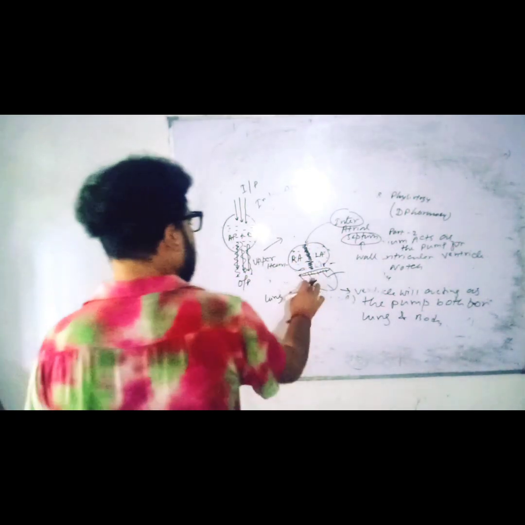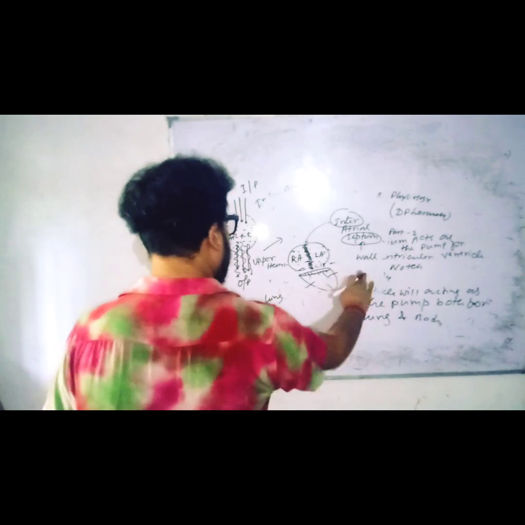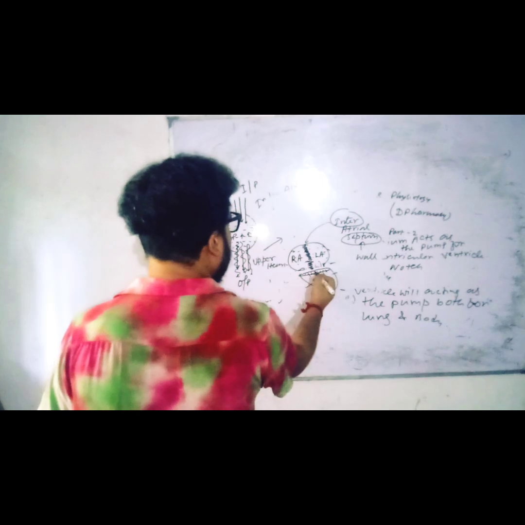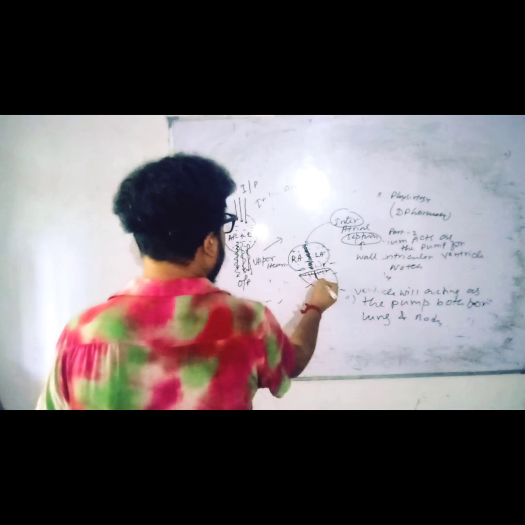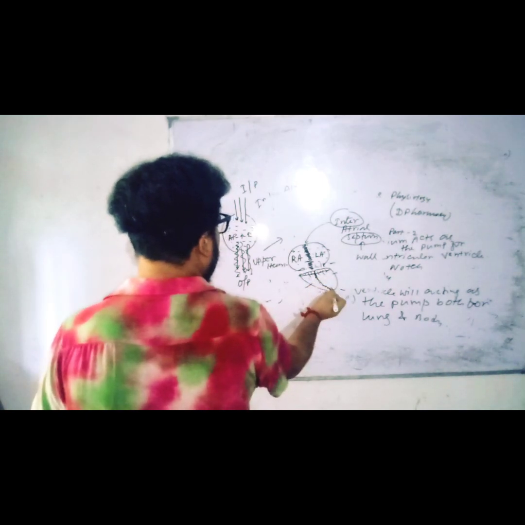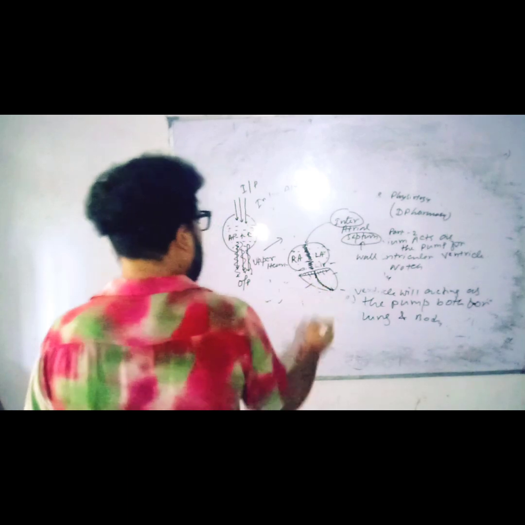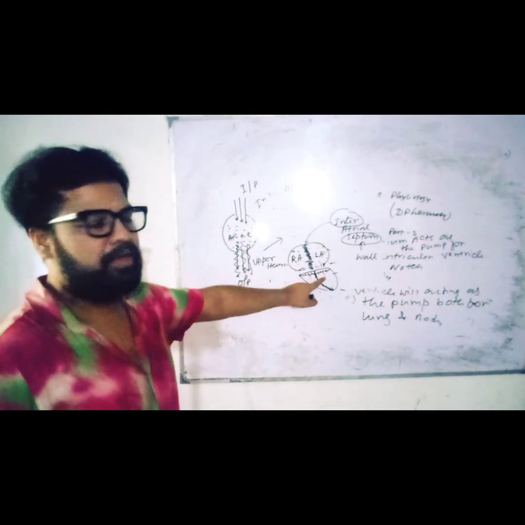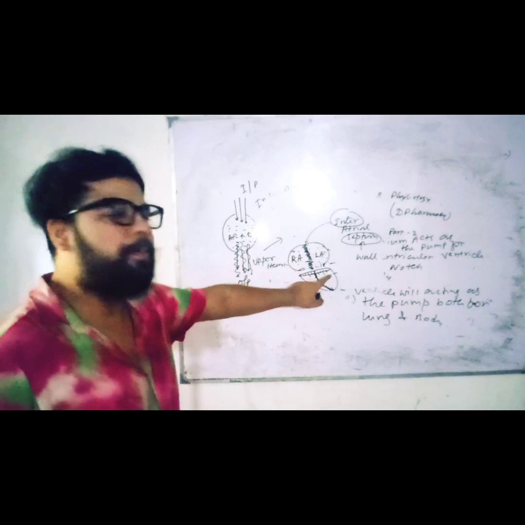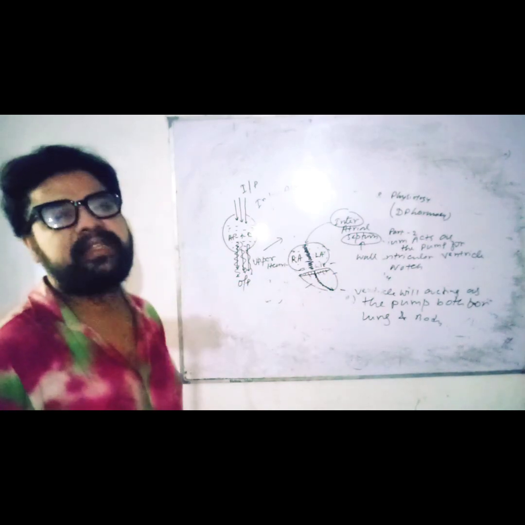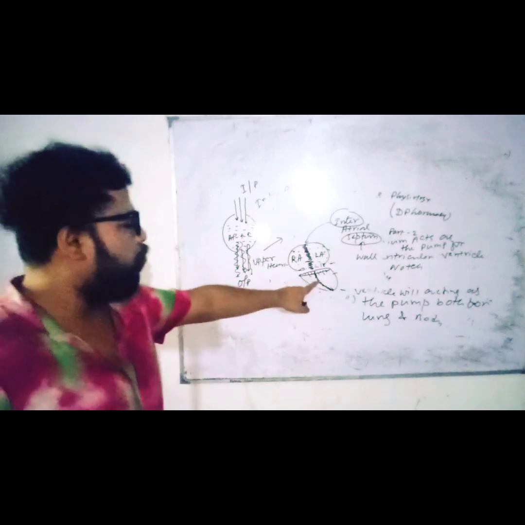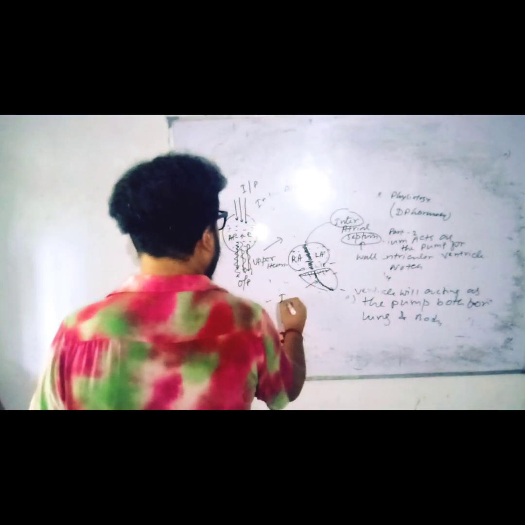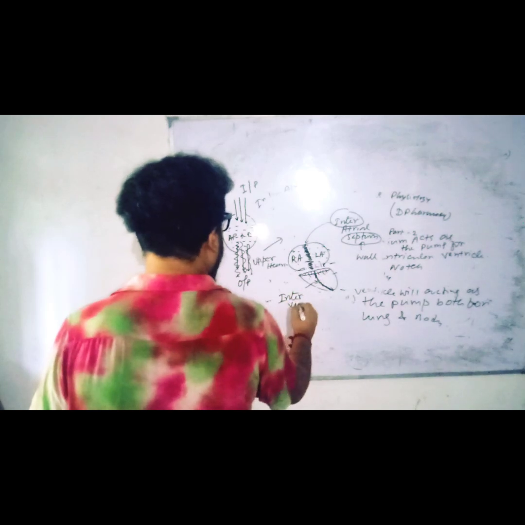Similarly, in the ventricle also, there is a wall separating the whole ventricle into two classical chambers. This wall is called interventricular septum.